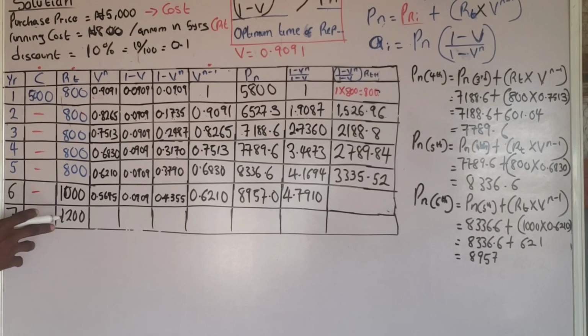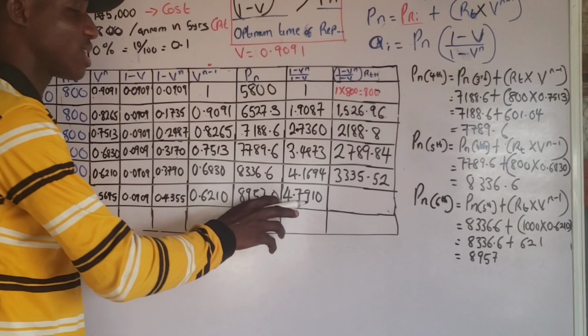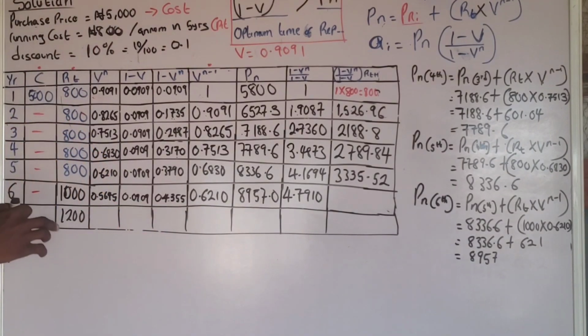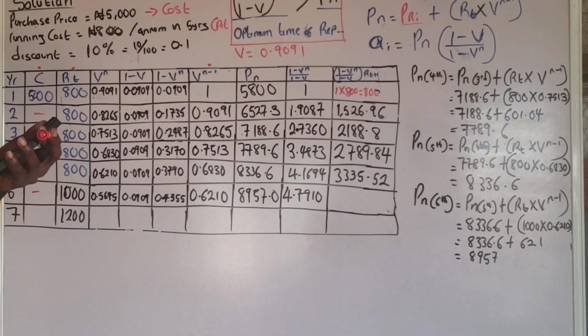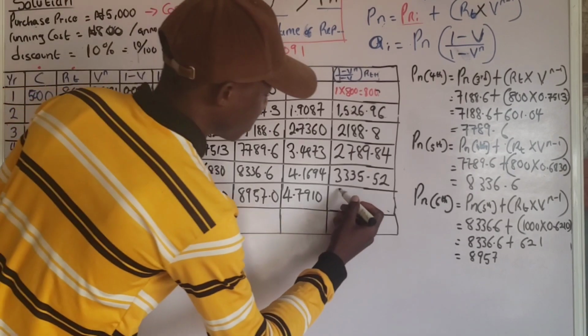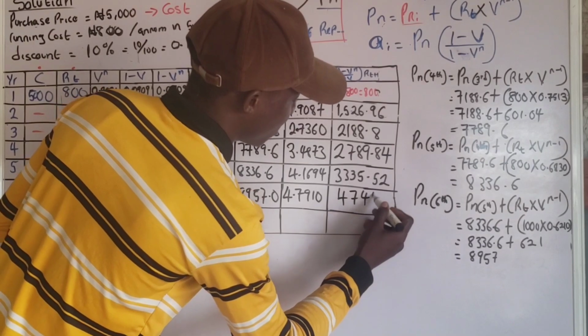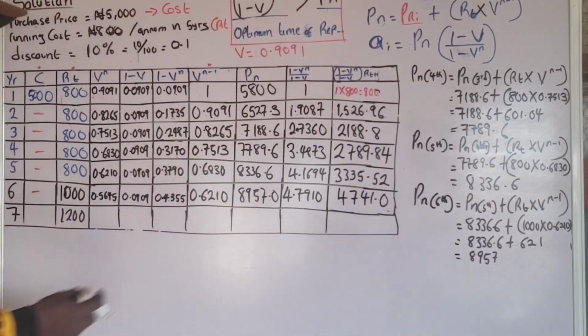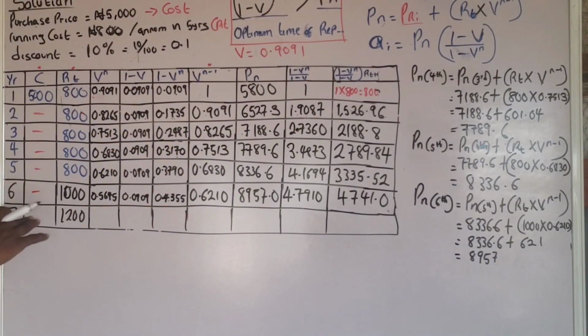The running cost of the seventh year is what? Is 1,200. So I'm going to multiply 4.7910 by 1,200. That is 4,741.0. Okay, so I'm very sure you understood how I got all these values.